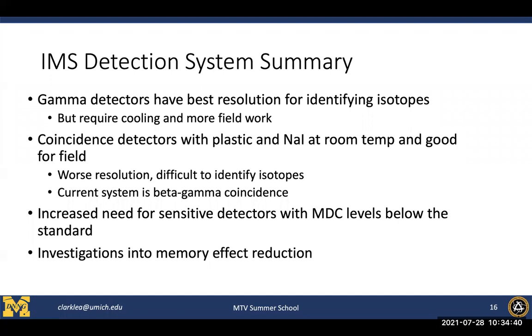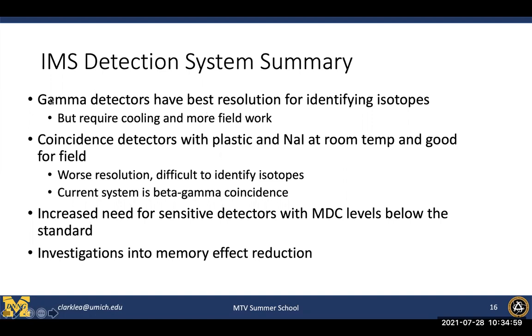For example, in our lab, we are looking at beta gamma coincidence detectors to help improve systems already at the IMS. So there's just a bunch of different ways that scientists are looking to help improve how this xenon component can be detected in the IMS.